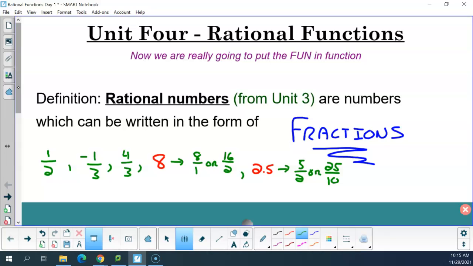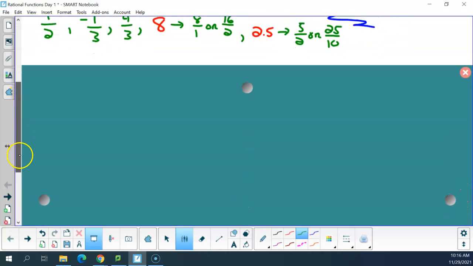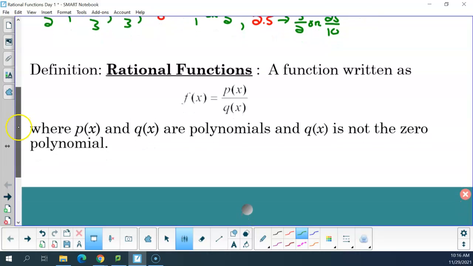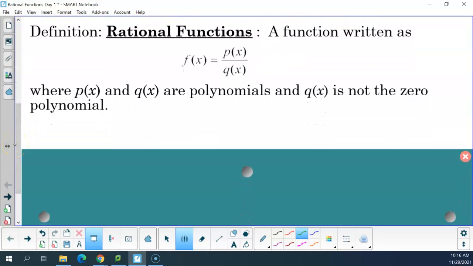Okay, that's one guess. A rational number is a number that can be written as a fraction. What's a rational function? Bingo. A rational function is a function written as a fraction.